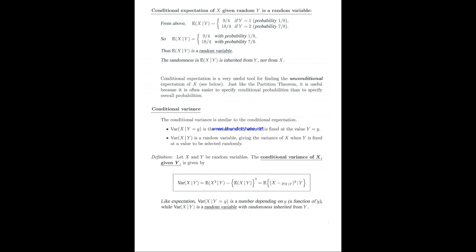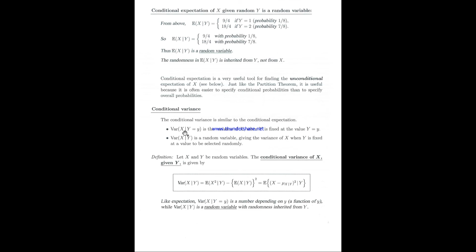Since we discussed the conditional expectation, the conditional variance is also very important in stochastic processes. When it comes to the conditional variance, it's actually similar to the conditional expectation. So let's say we take the same two random variables x and y, and we are supposed to calculate the variance of x given y.